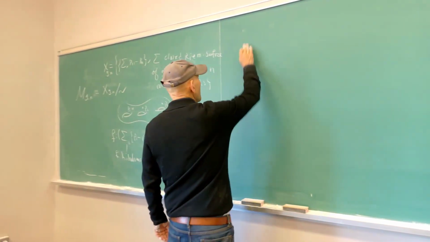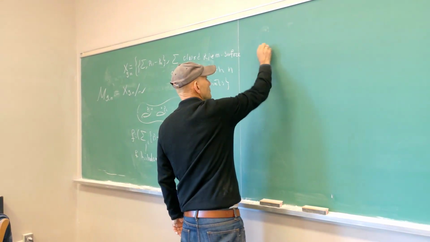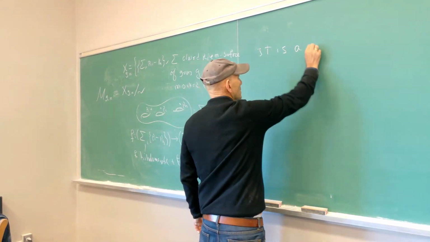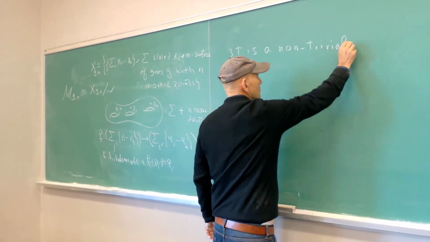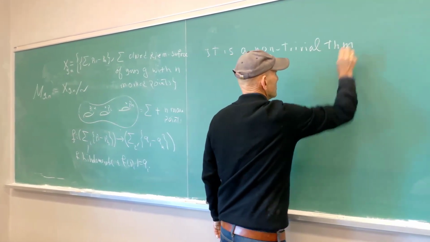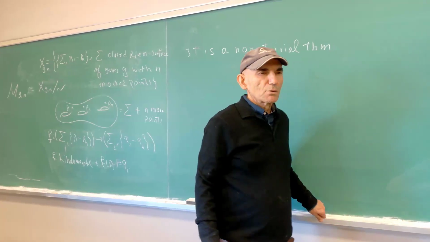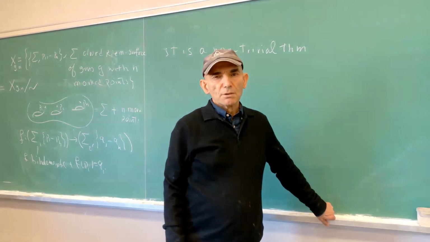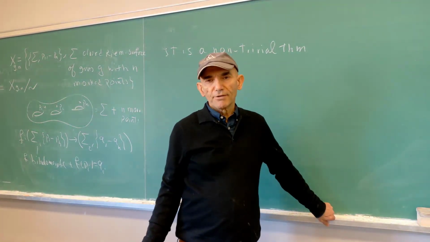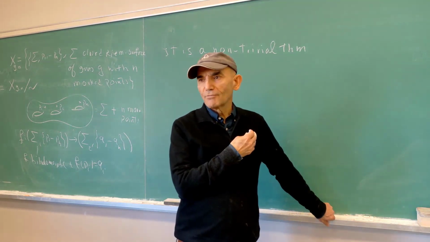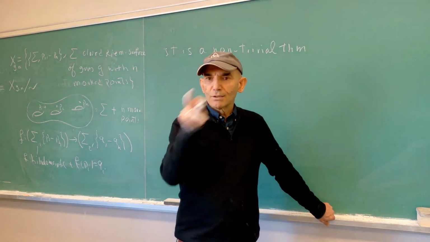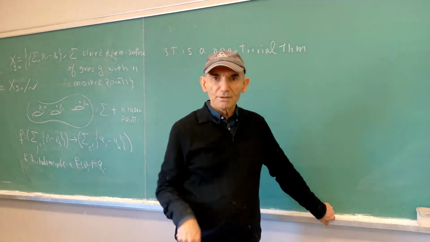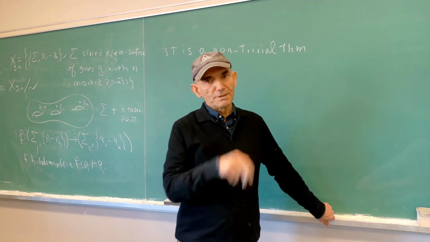First of all, it is a non-trivial theorem. When you take a course in Riemann surfaces, usually you prove the Riemann-Roch theorem first, then you derive as a consequence the fact that on the sphere there exists a unique complex structure.